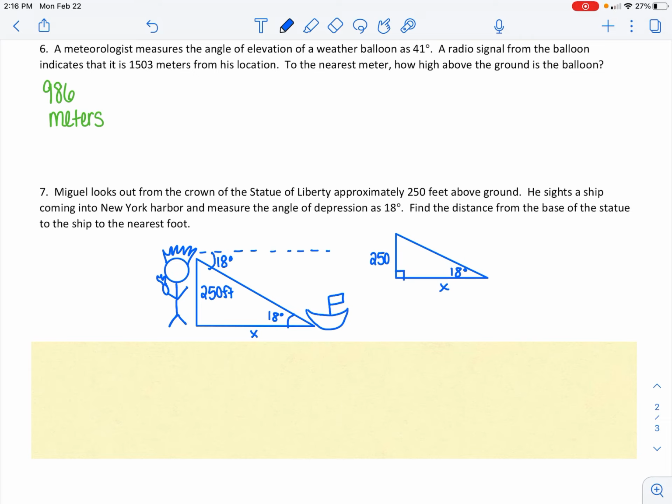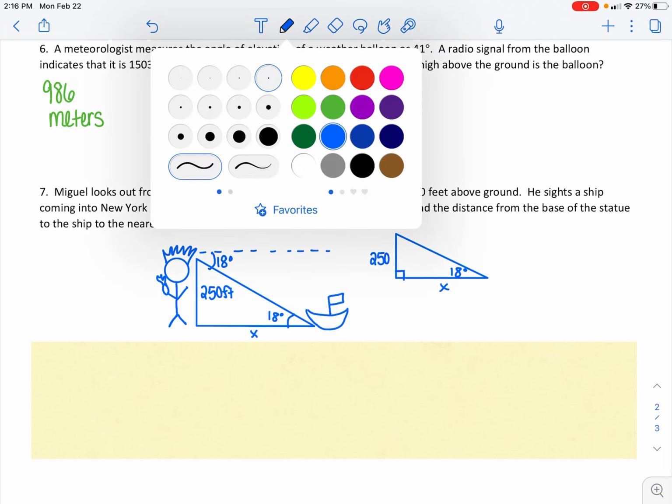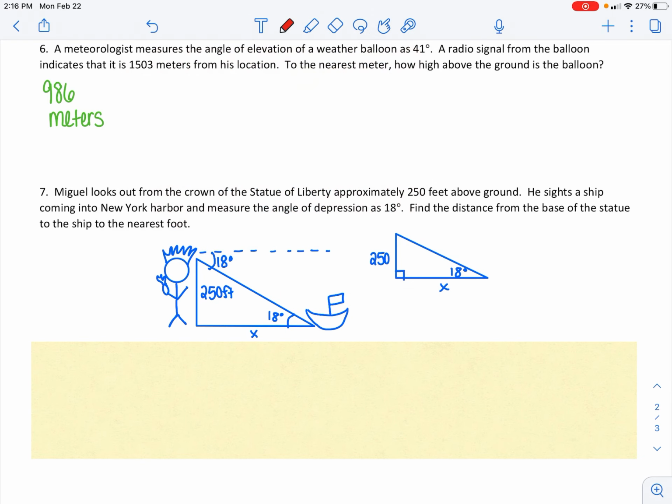Okay, so we have our 18-degree angle now, so we can go ahead and find our answer using trig. So in relationship to 18, 250 is going to be our opposite side, and X is going to be our adjacent. So we're going to go ahead and use tangent here because that deals with opposite and adjacent.